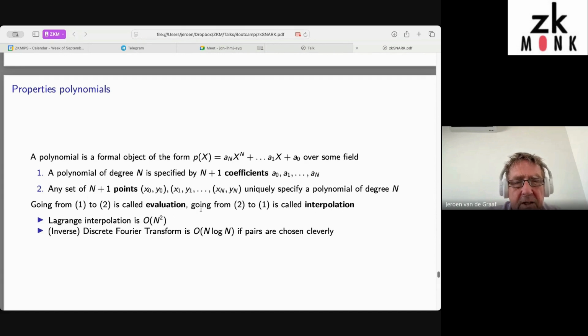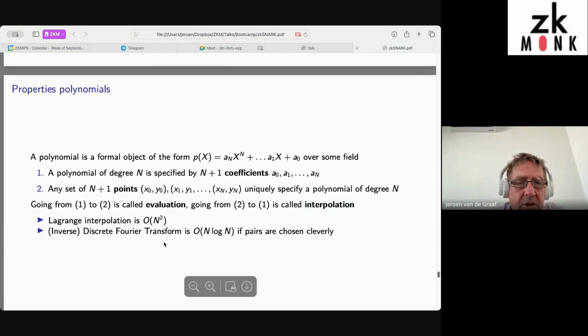And if you go from 2 to 1, so you have n plus 1 points, then you want to go back to the original representation, this is called interpolation. I'm sorry.